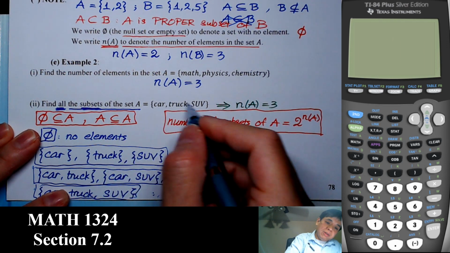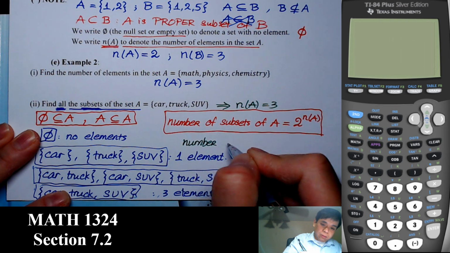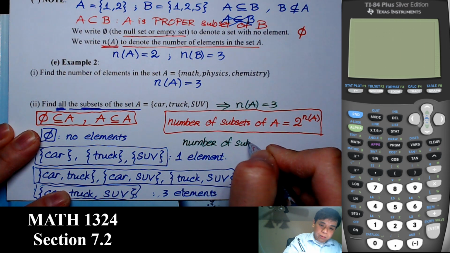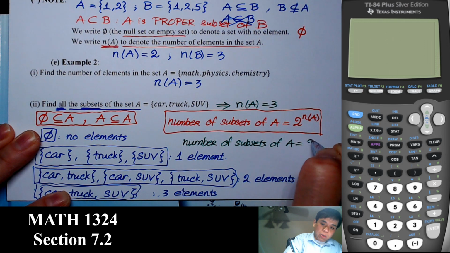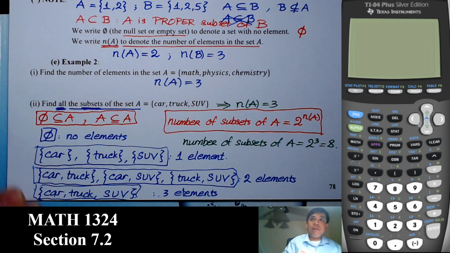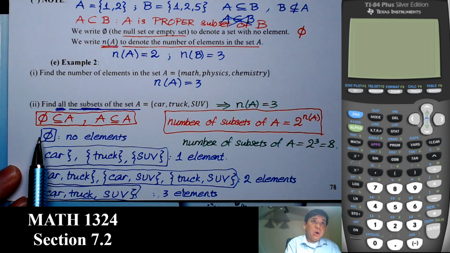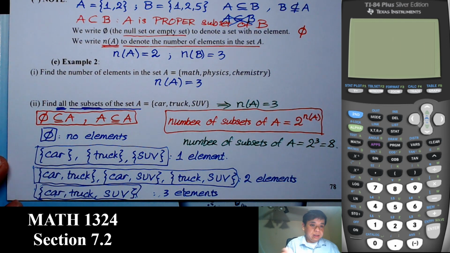So the number of subsets of A is equal to 2 cubed, 2 to the third power, which is 8. So that is the number of subsets: the set with no element, the set with every element, and everything in between.